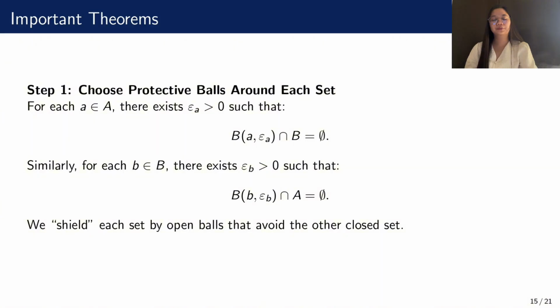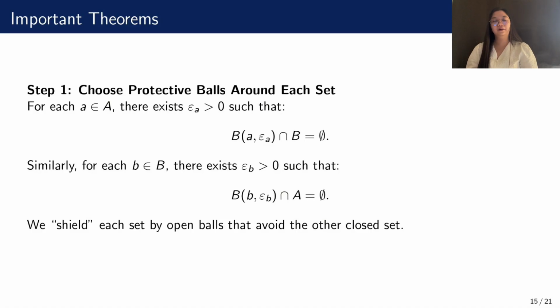For the proof, we choose protective balls around each set. For each a, an element of A, there exists epsilon sub a, which is positive, such that the epsilon ball intersection B is empty.